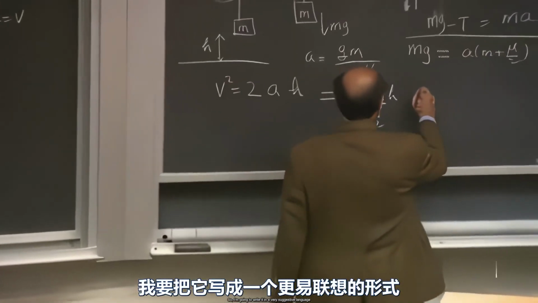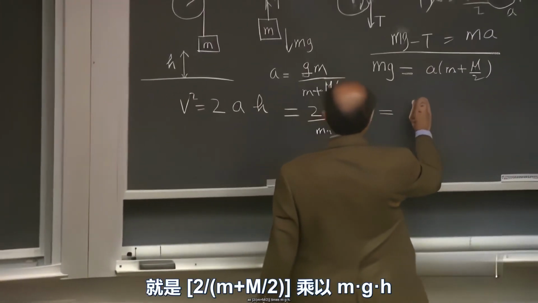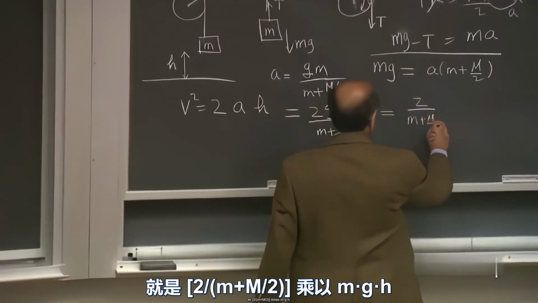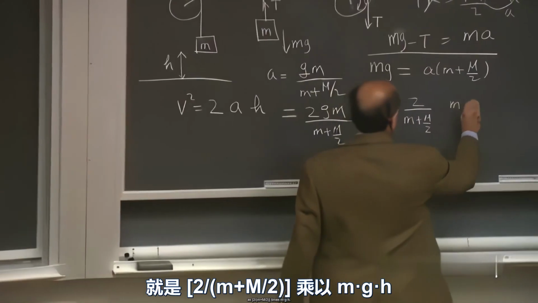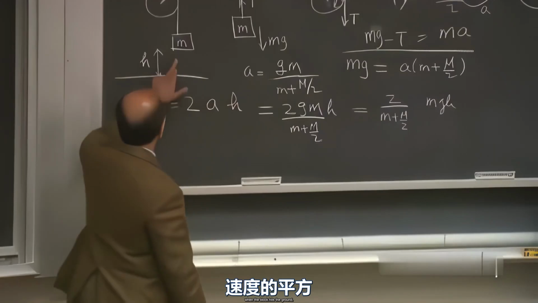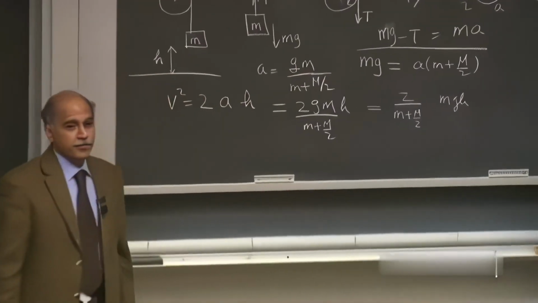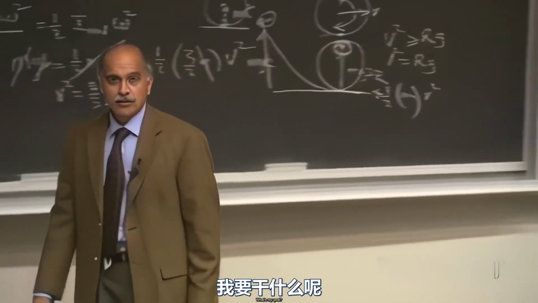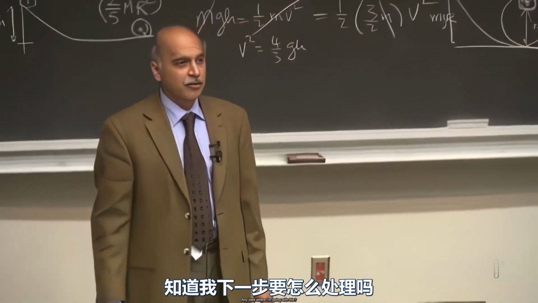I'm going to write it in a very suggestive form as 2 over (m plus M over 2) times mgh. Anyway, that's the square of the velocity when the block hits the ground. So what do you think I'm trying to test now? What's my goal? Any idea where I'm going with this?